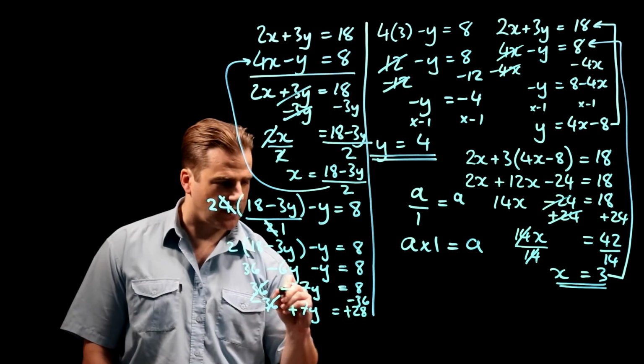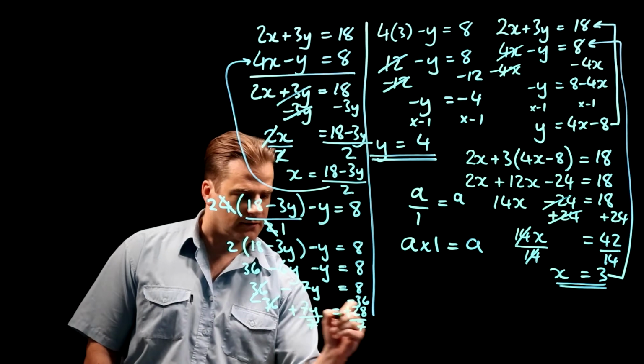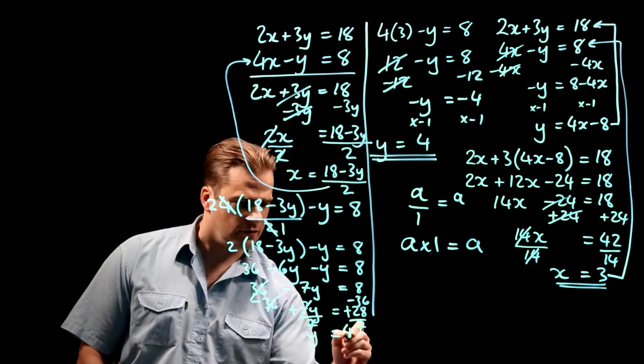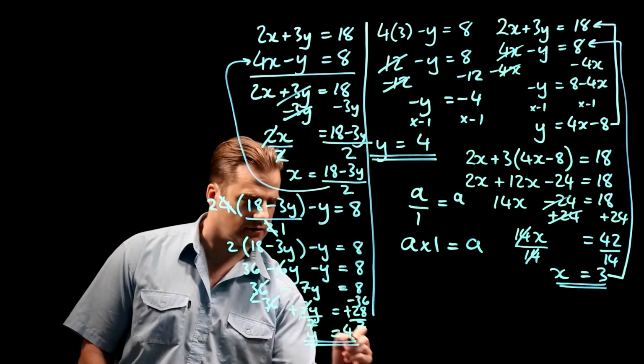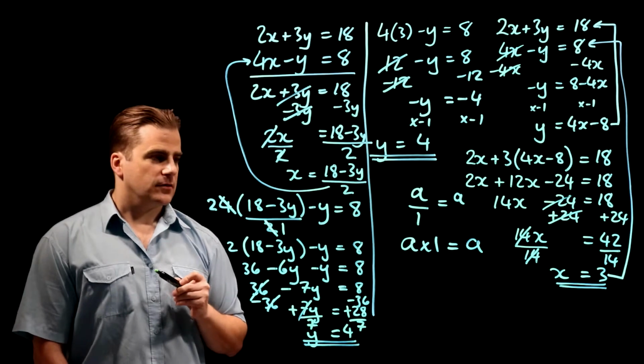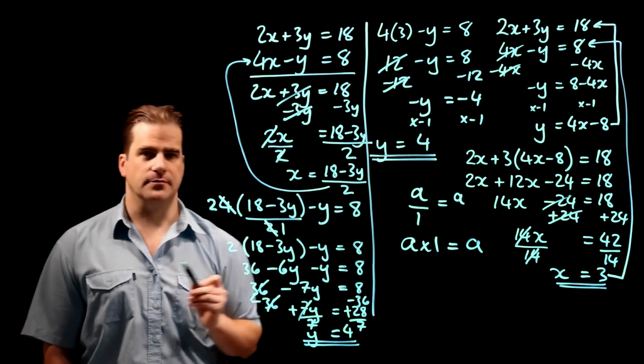And now divide both sides by 7. And we get y is 4. Because 4 sevens is 28. Good. Hey, look, it worked. Got the same answer for y.